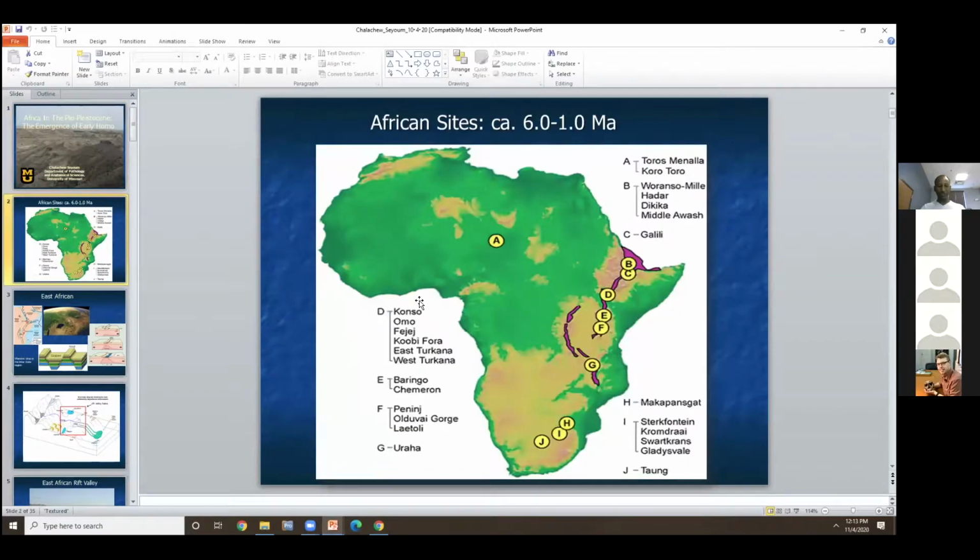First, I would like to show you some of the major hominin sites in Africa.